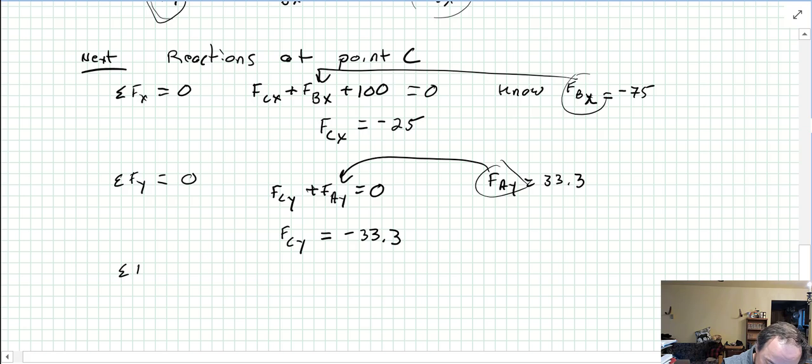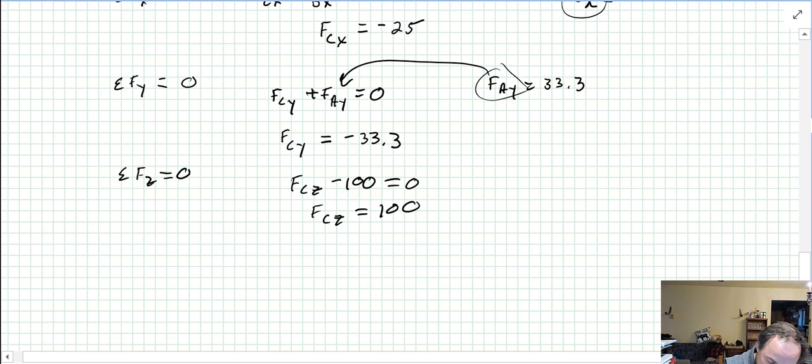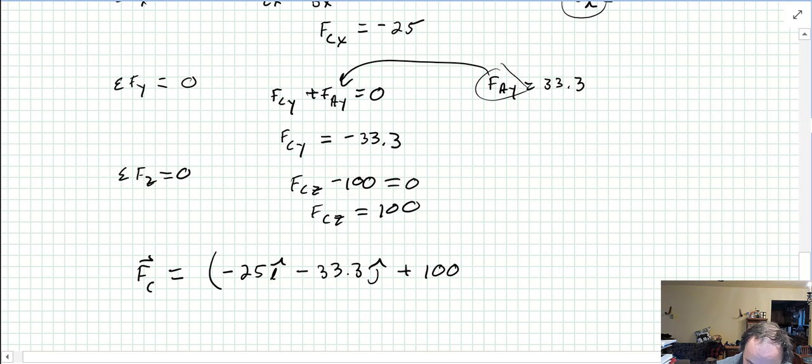And finish this up by summing the forces in the Z direction, setting them equal to 0. We only have 2 here. FCZ minus 100 equals 0. So FCZ equals 100. Right. So the total reaction force at C can be written as minus 25 i minus 33.3 j plus 100 k pounds.